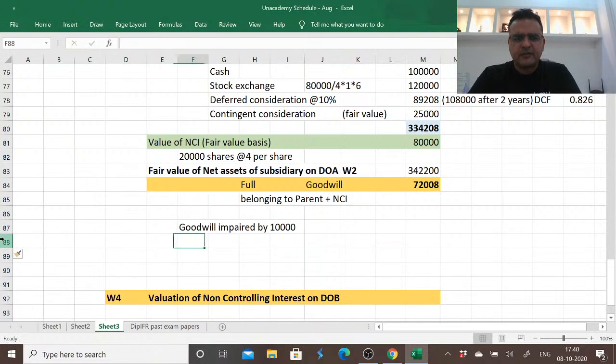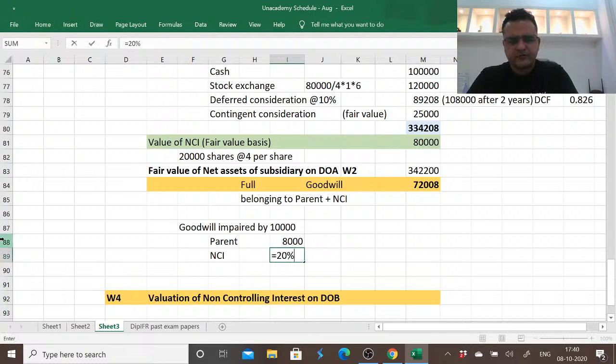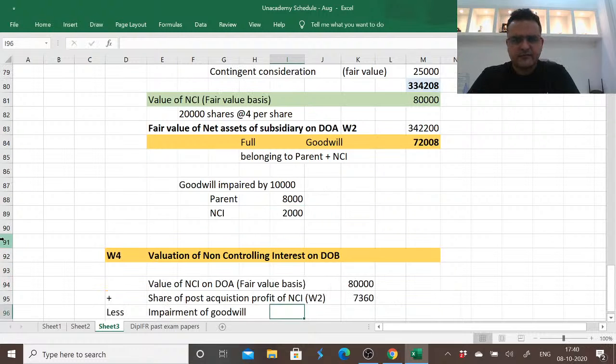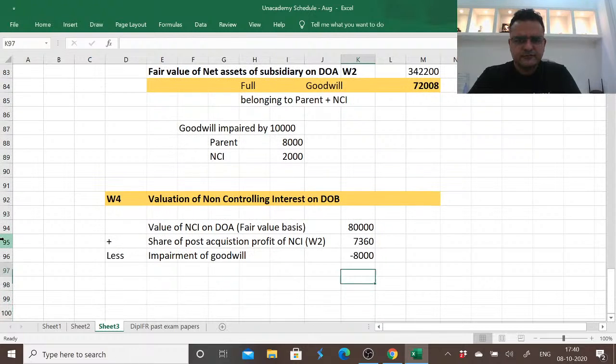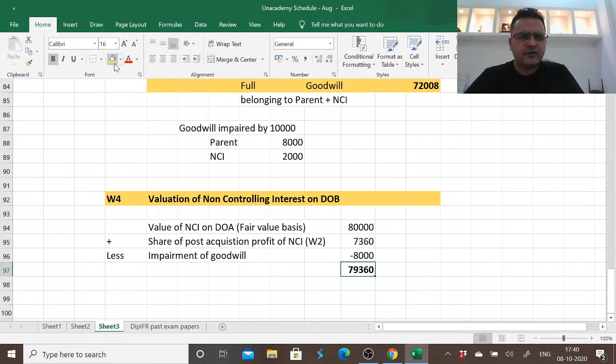So the impairment loss is divided between parent and NCI on a proportion basis. 80% of the loss will go to parent and 20% of the loss will go to NCI. So impairment of goodwill minus 8,000. The value of NCI on the date of the balance sheet is 79,360.